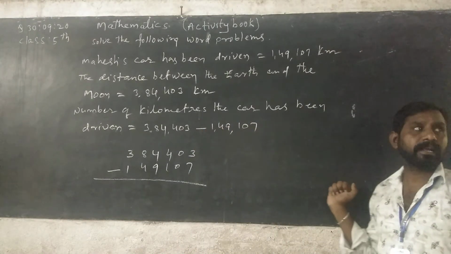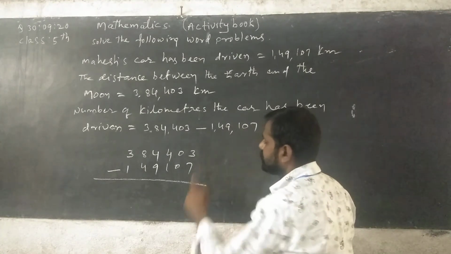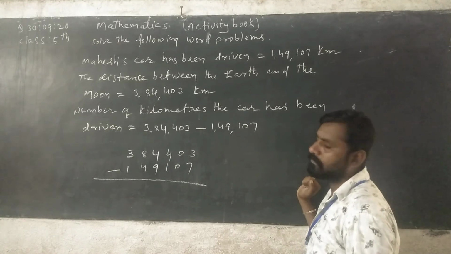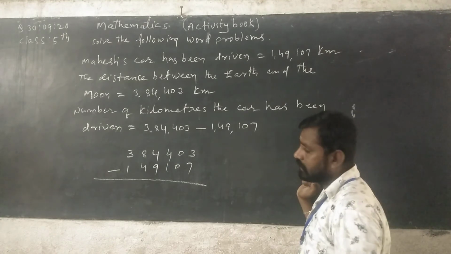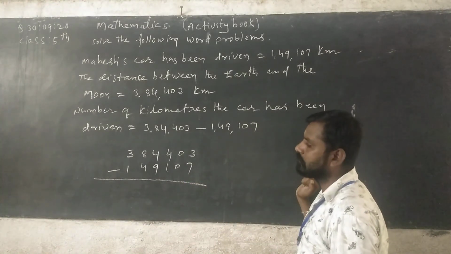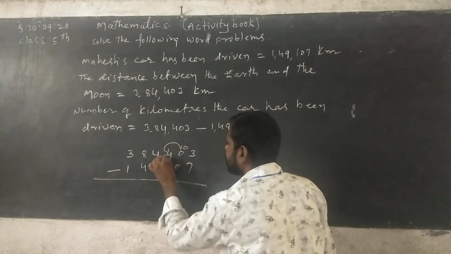First we subtract the digits in the ones place. 3 minus 7 possible? Not possible. So we have to borrow from the tens place. The tens place is also 0. Then first we borrow from 4 to 0. So here 10, here 3.